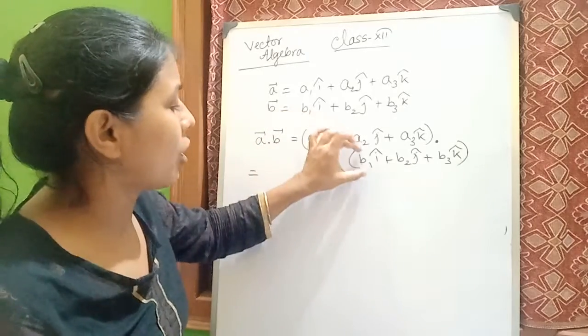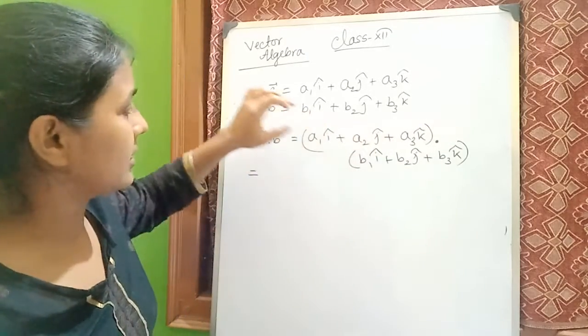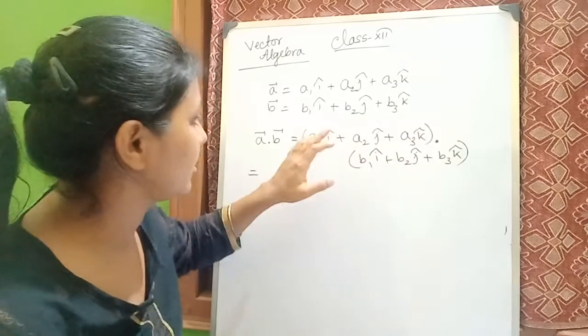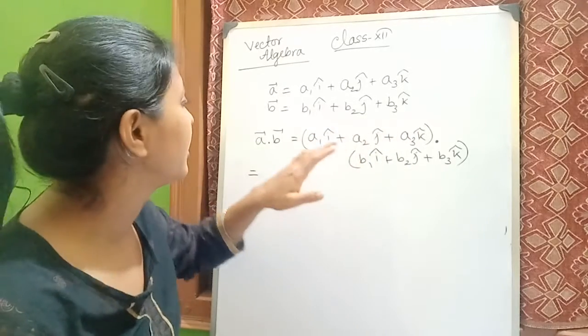This dot the whole one is the distributive law we just did, so we can individualize the dot product.